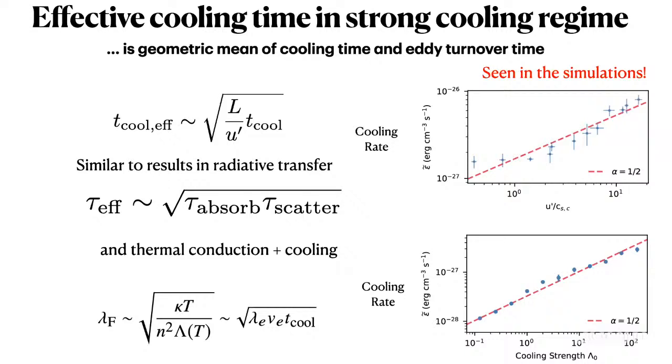And you have this answer that is the geometric mean of those two things. And similarly, when you have thermal conduction, which is elastic scattering of electrons, and cooling, which is inelastic absorption of electron energy, there's a characteristic length scale, the Field length, which actually is the geometric mean of the cooling length and the elastic Coulomb mean-free path. So it's a nice kind of analogy from these processes to essentially turbulent elastic scattering and inelastic scattering.